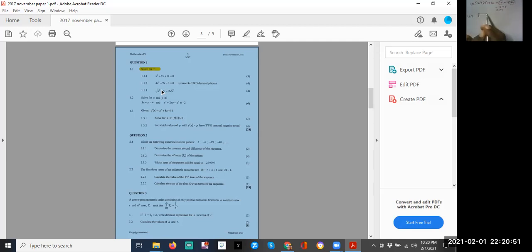We have the surds. That is the square root of x squared minus 5 equals 2 the square root of x. Now, when you look at this, you'll find that you have 2 surds. These are called surds, S-U-R-D-S.